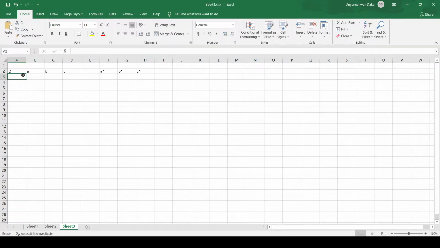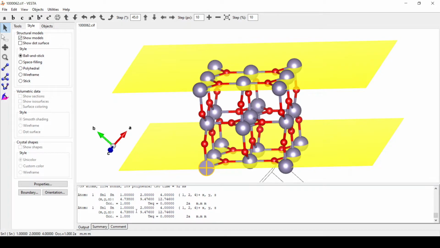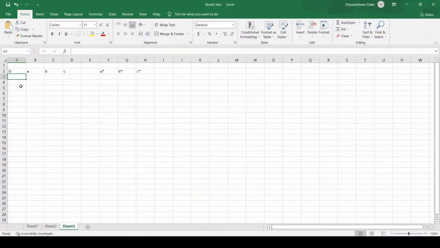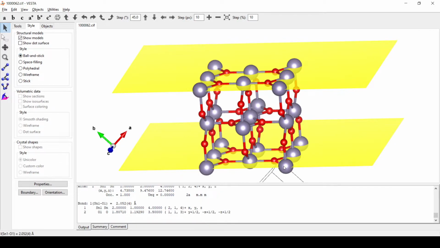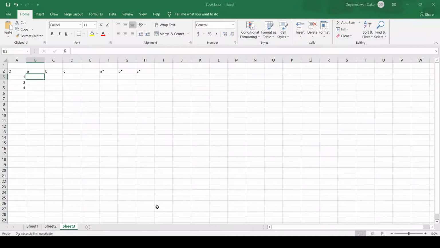So coordinates for origin are 1, 2, 4. Have them 1, 2, 4, the matrix. And now for A direction we have here that is 2, 1, 4.